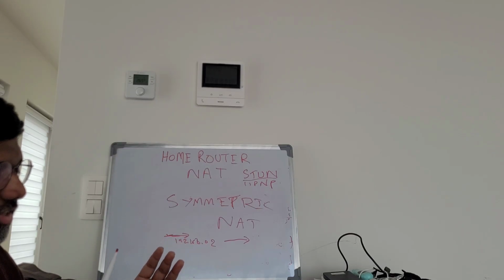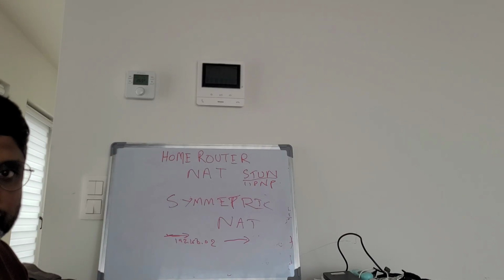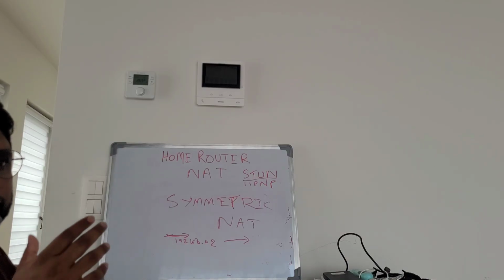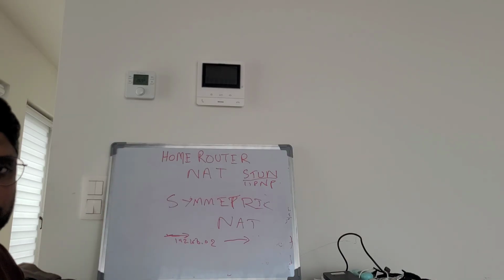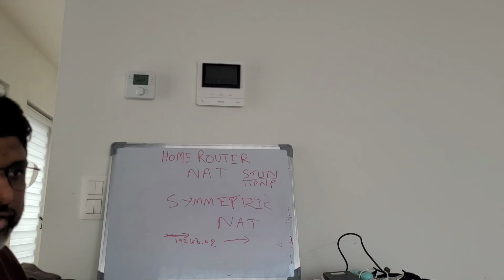Then there is dynamic NAT, where a pool of public addresses is chosen and assigned to the session. Then there is port address translation, where the public IP address is the same for all the sessions, but the ports keep changing, right? Port is translated. Then there is CG NAT, which is carrier grade NAT, where double NATing is done, which is very good for solving the IPv4 depletion problem.